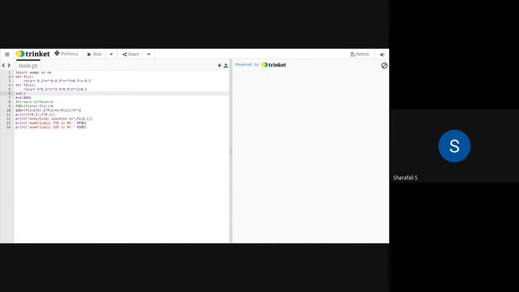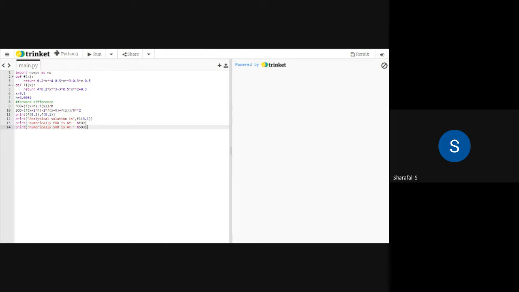I hope you understood this. I am printing here the numerical first order differentiation, FOD, calculated using the equation f of x plus h minus f of x, divided by h. And for the numerical second order differentiation, you can change these texts and include a second order differentiation at x equal to 0.1 and all those things.